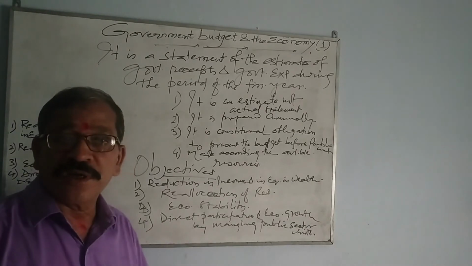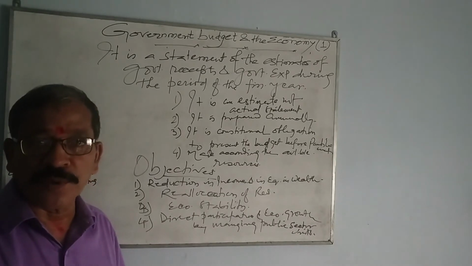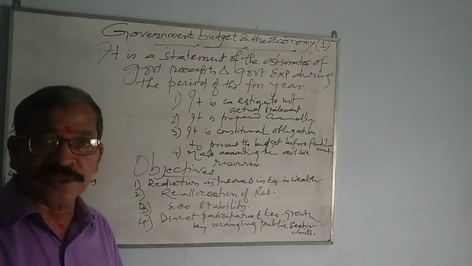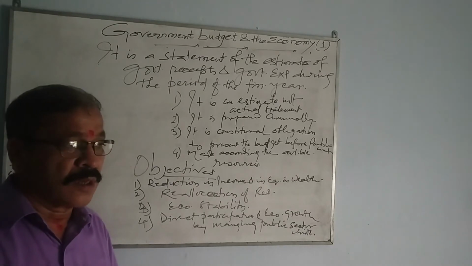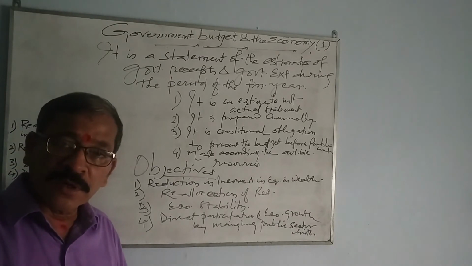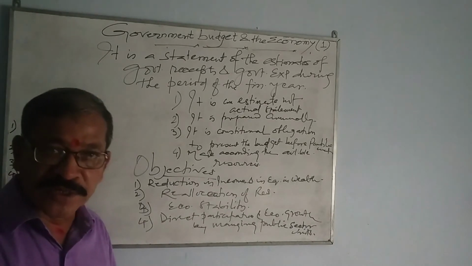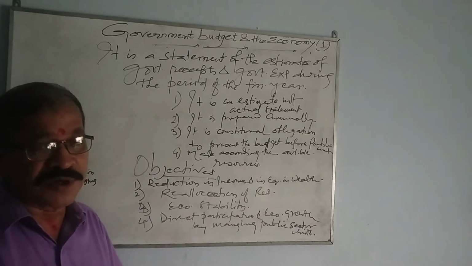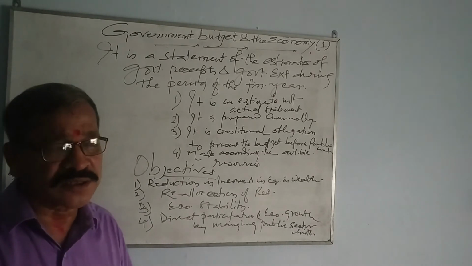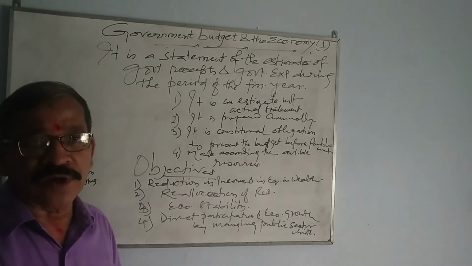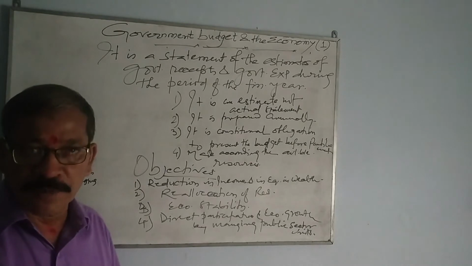Next, economic stability. Obviously, if taxation and fiscal measures are taken properly, and if the gap between rich and poor minimizes, and the gap between regions is well balanced, naturally our economy will become a stable one, a vibrant one.